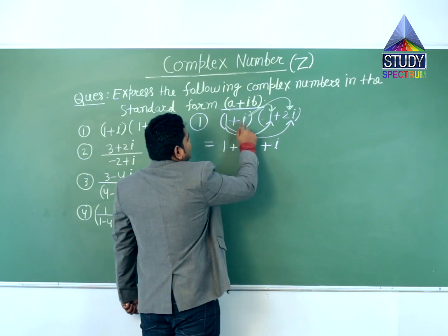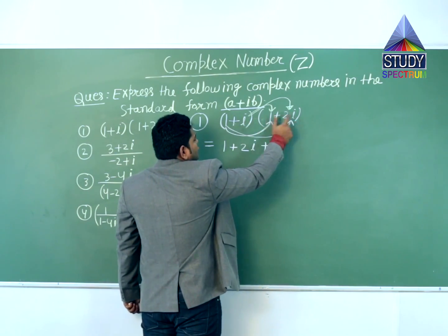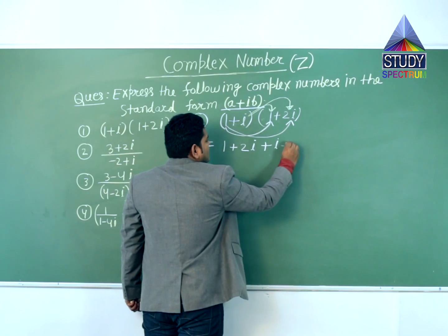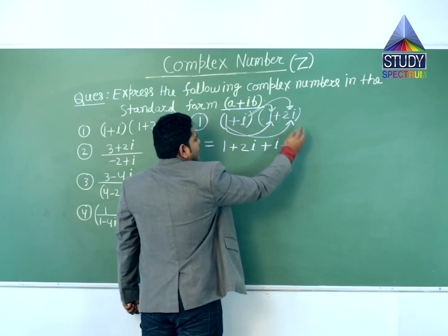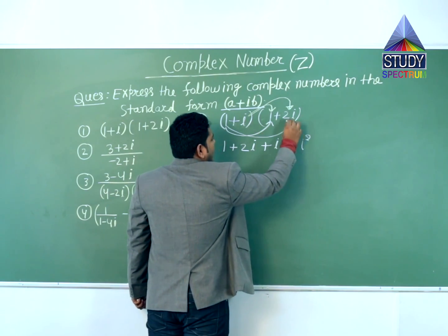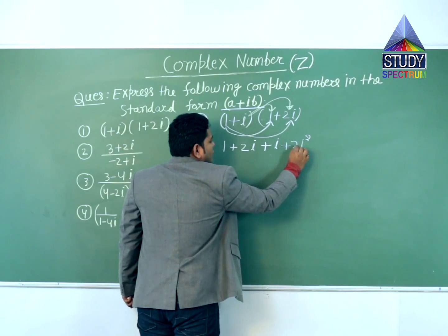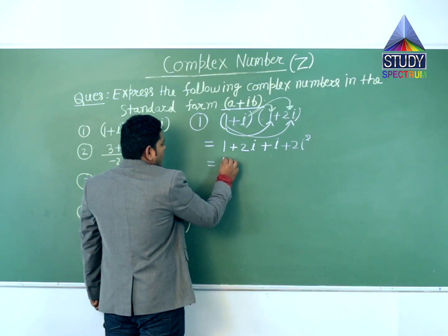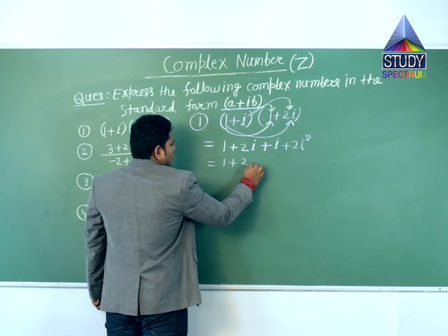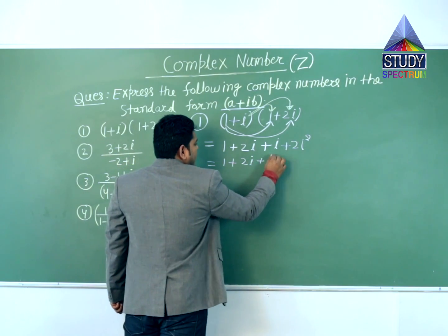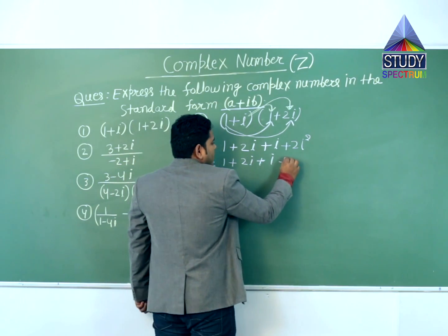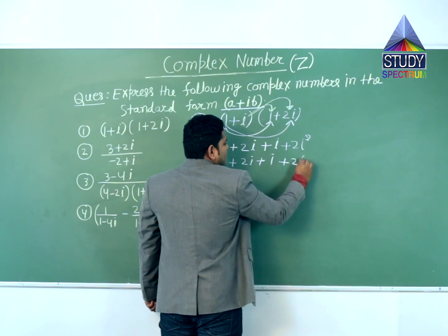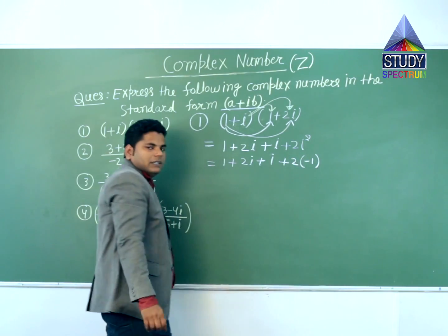Now plus i will get multiplied with plus 2i, so plus into plus is plus, and i into i is i square, and 2 is there, so 2i square. Okay, so now 1 plus 2i plus i plus 2 into i square, which is minus 1.